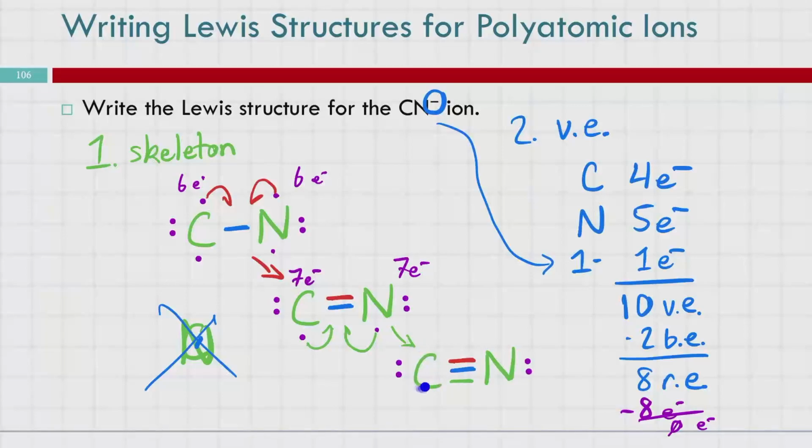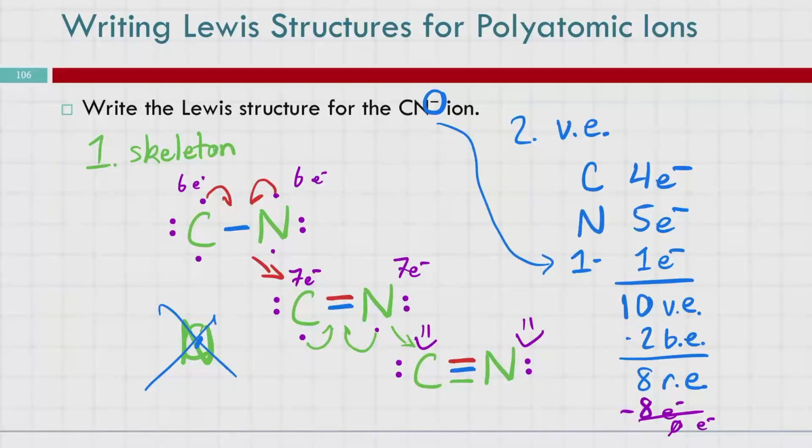Now we've got carbon triple bonded to nitrogen. They each have a lone pair. The triple bond is 6 electrons. Those 6 electrons count for carbon's octet and for nitrogen's octet. And then additionally, they each have another 2 electrons. So they have their octets, and they're happy.